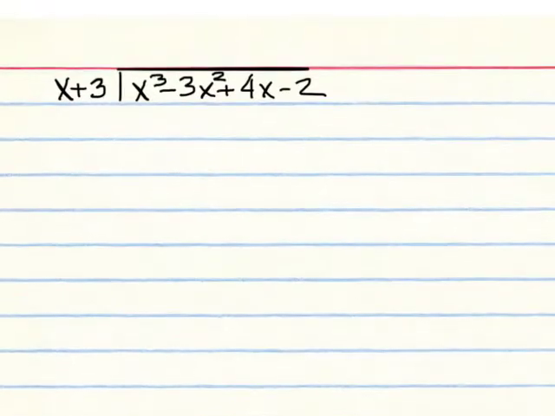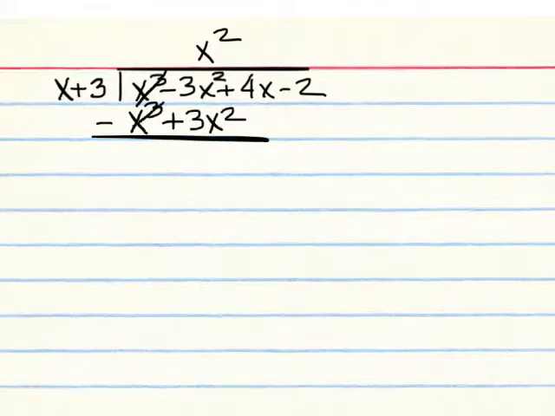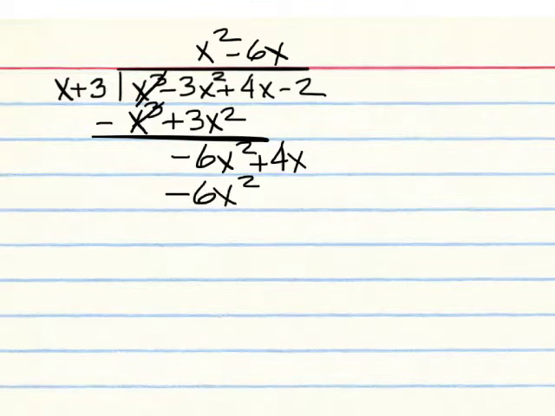Solution for the practice. X times x squared will give me x cubed, and then you'll have 3x squared. Subtract, cancel, and you're left with negative 6x squared, and drop the 4x. You should have a negative 6x here to get negative 6x squared, and then negative 18x.